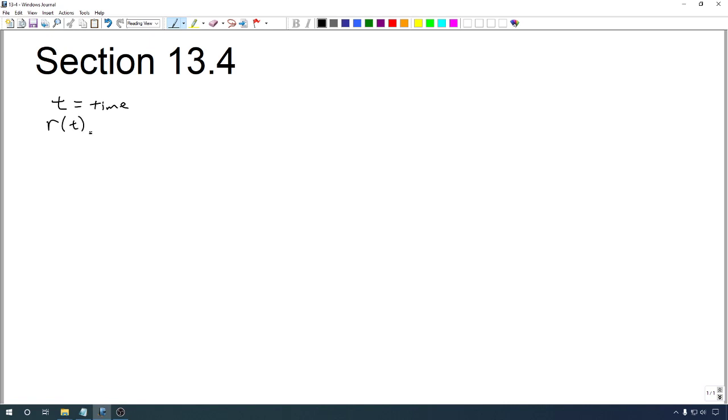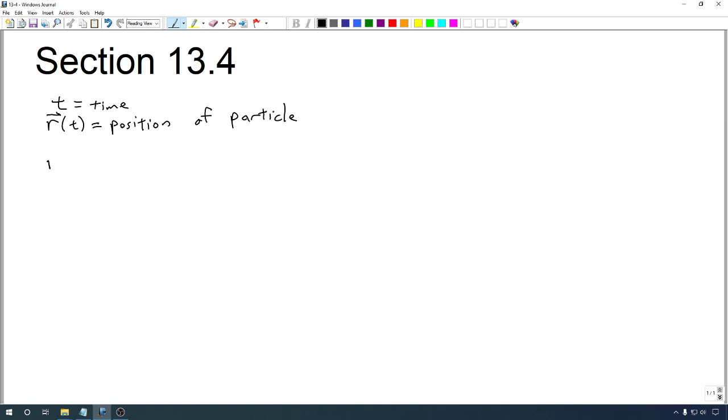R of t will be a vector valued function, and I might have to start putting arrows over things in this section, because we are going to be looking at the norms, the magnitudes of these things as functions themselves. So we'll put an arrow over this. This will be the position of an object or a particle expressed as a vector valued function.